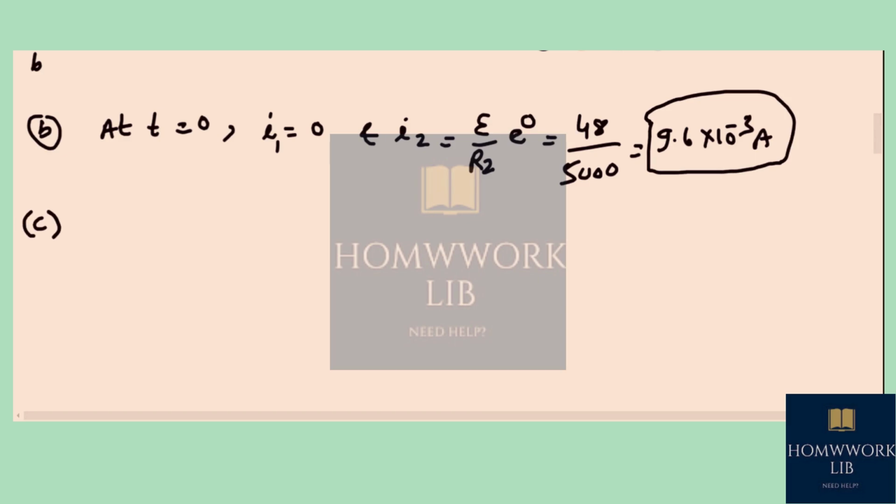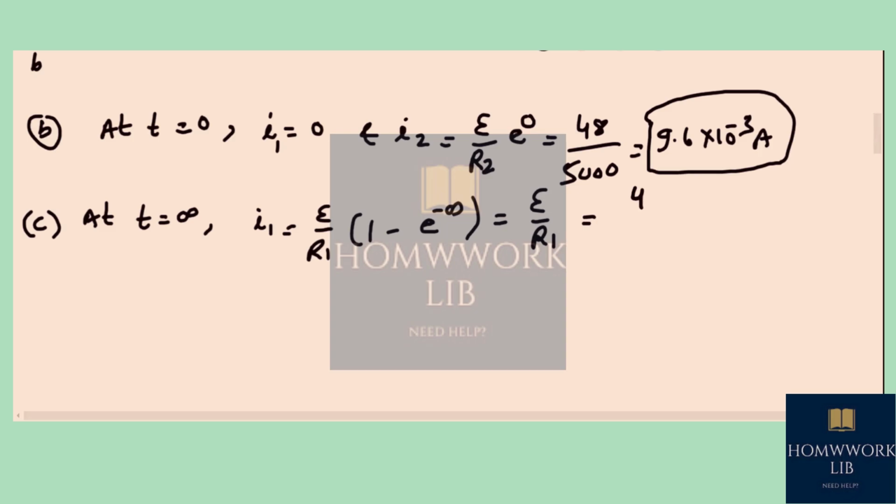In part C, after a long time at t is equal to infinity, I1 is equal to E upon R1 times 1 minus exponential of minus infinity. So it becomes E upon R1.